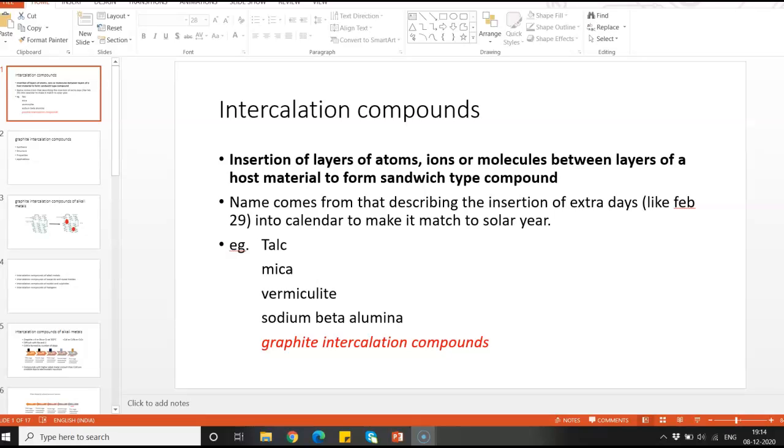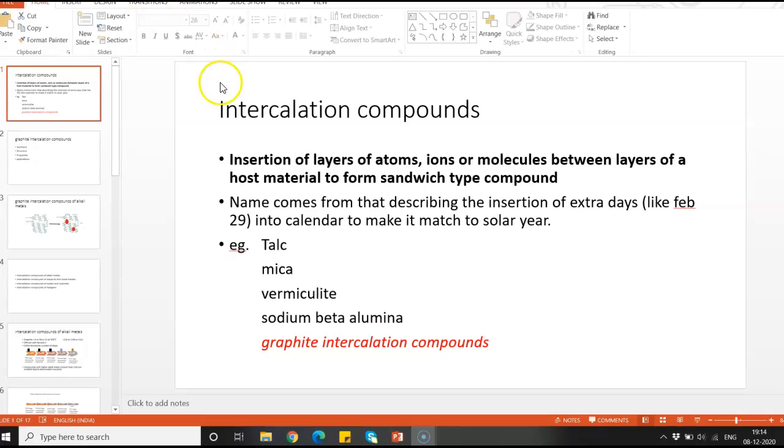Similarly, in intercalation compounds, you have two similar layers of atoms or groups of molecules, and in between them you insert some atoms, molecules, or ions in order to get specific compounds, intercalation compounds, which have numerous applications and very unique properties.